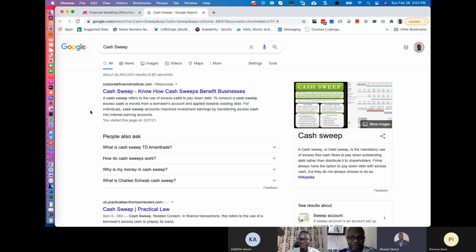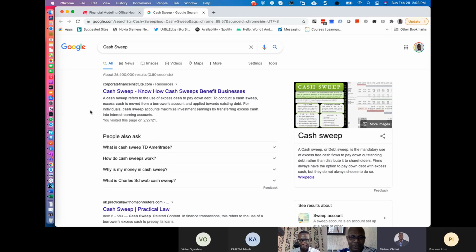So if you have debt and you've already structured how it's going to be paid, but then you want to pay it faster so that you don't have to pay as much interest as you would have if you stuck to the original payment schedule, the debt schedule, then you set up a cash sweep.